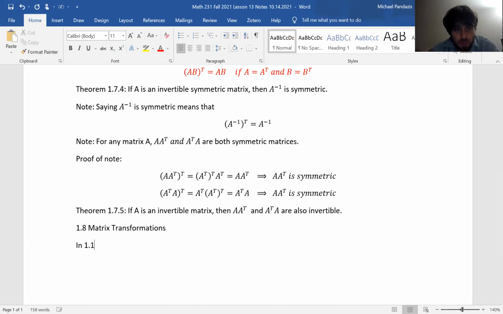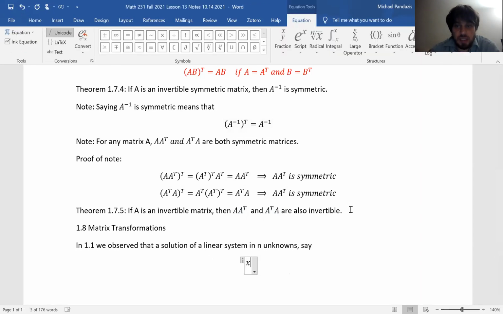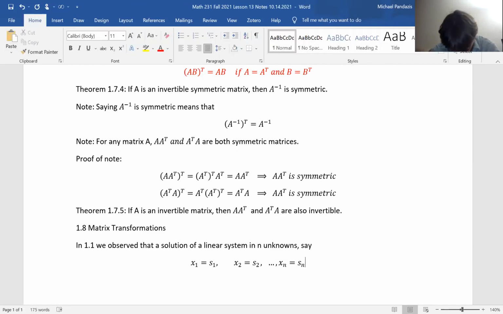Okay, so in 1.1, we observed that a solution of a linear system in n unknowns, say x1 is equal to s1, x2 is equal to s2, dot, dot, dot, xn is equal to sn, can be expressed as an ordered n-tuple.